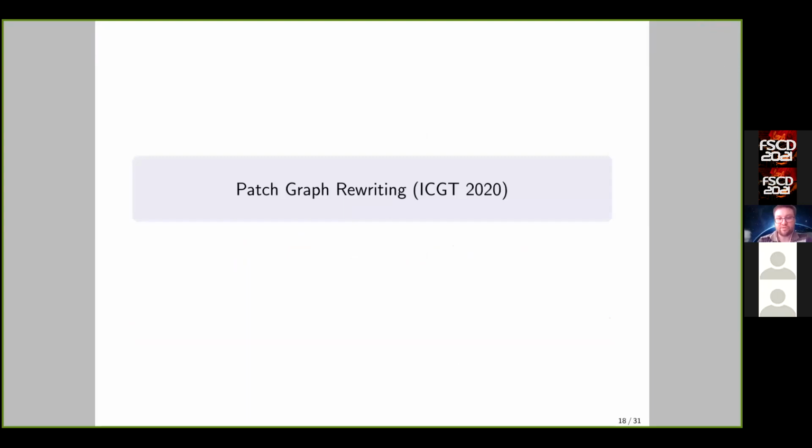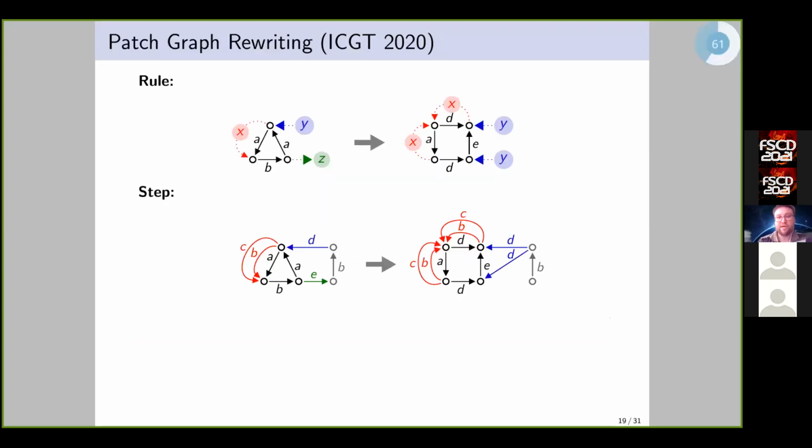So in 2020, we introduced the patch graph rewriting framework, and this gives much more fine-grained control over the application: when is a rule applicable in a certain context, and how is this context transformed? Here we have a rule enriched with these dotted edges, and these dotted edges have names. The idea of these dotted edges is that they stand for a set of edges in our host graph.